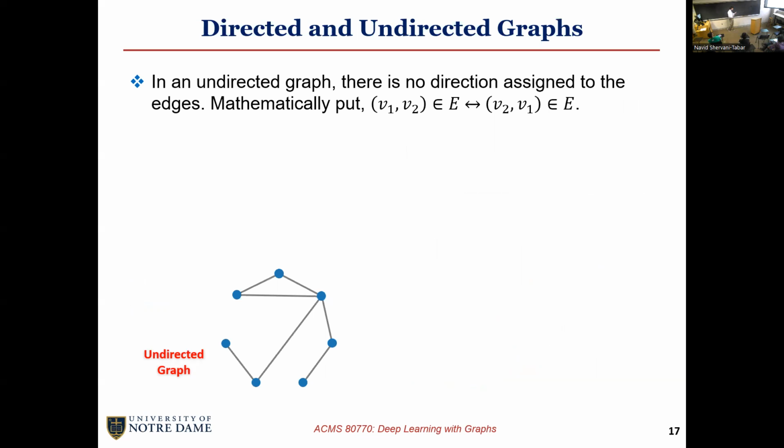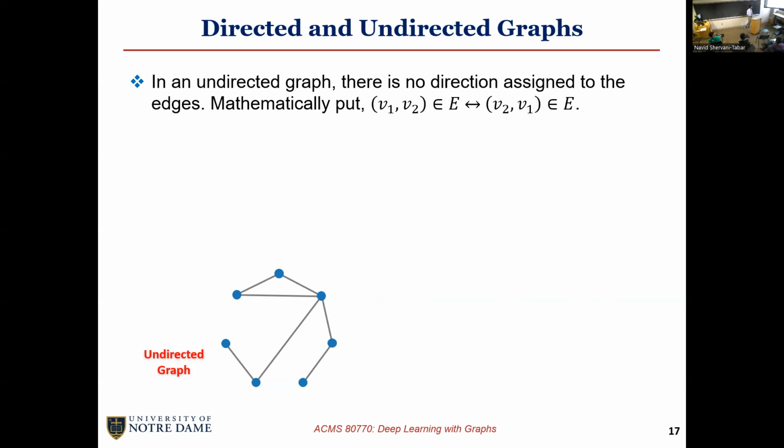Now, we have two general types of graphs. Our graphs are either directed or undirected. If we're dealing with an undirected graph, it means that these two nodes are only connected to each other, and there is no direction in this graph.